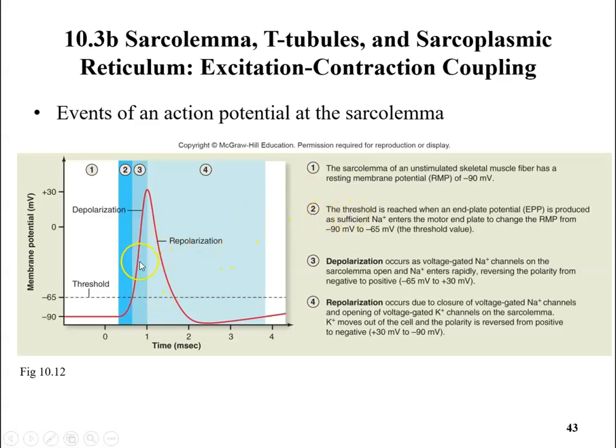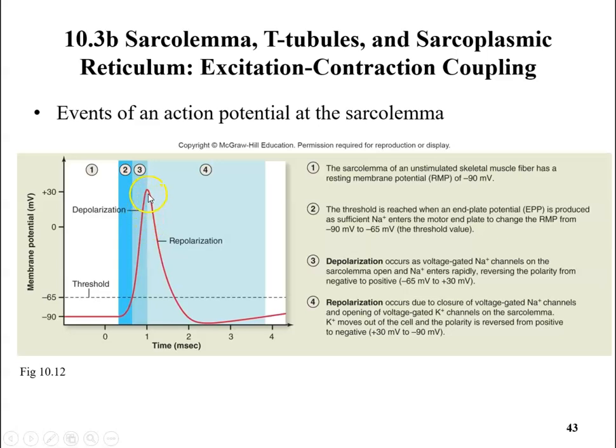The threshold is going to be reached when an end plate potential is produced. So we got sufficient sodium. So this is going to be around the time where the acetylcholine is binding, okay, causing that end plate potential. The end plate potential is going to reach negative 65 millivolts, and then depolarization is going to occur.